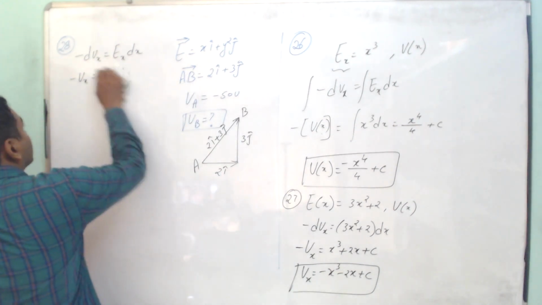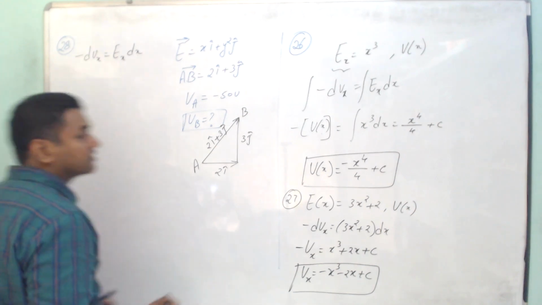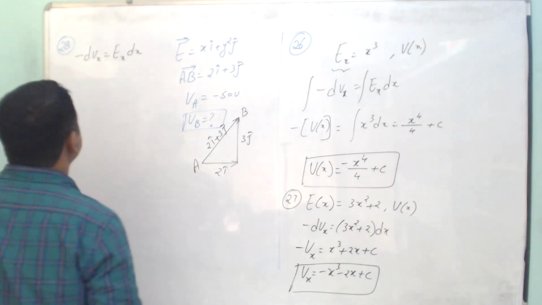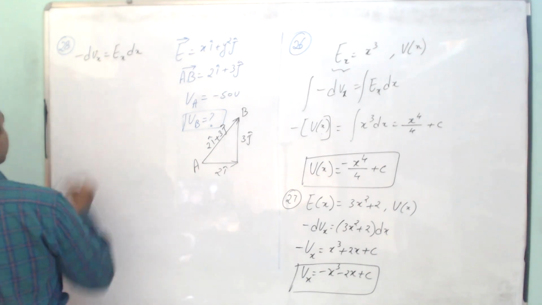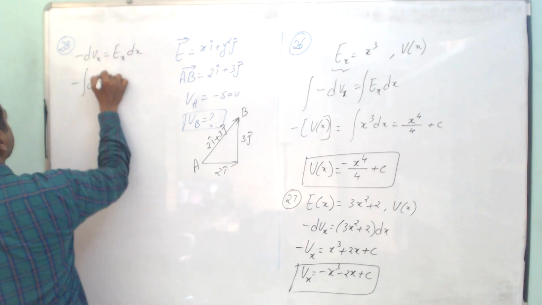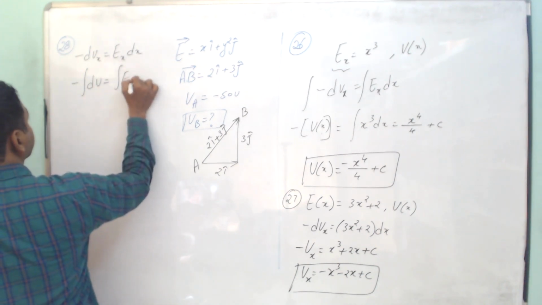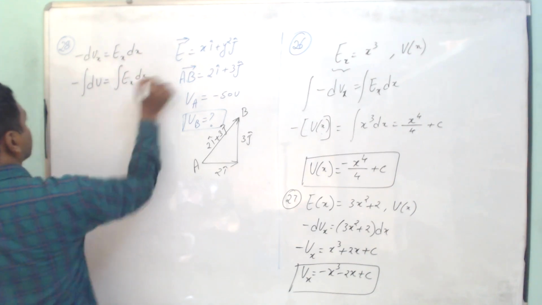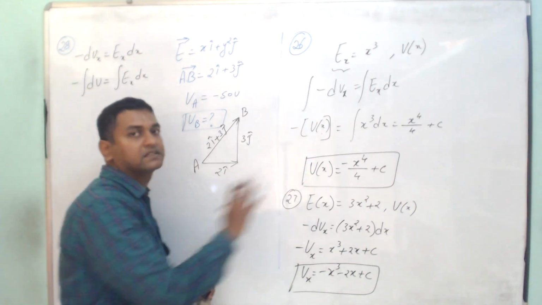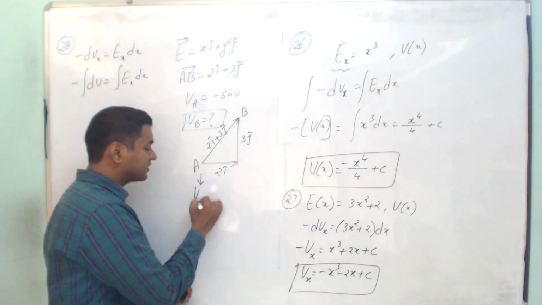Or let me show, in fact, an even better way. I will integrate on both sides and do a definite integration. What do I mean by definite integration? When I am doing along the x-axis, I can say the potential at A is VA.